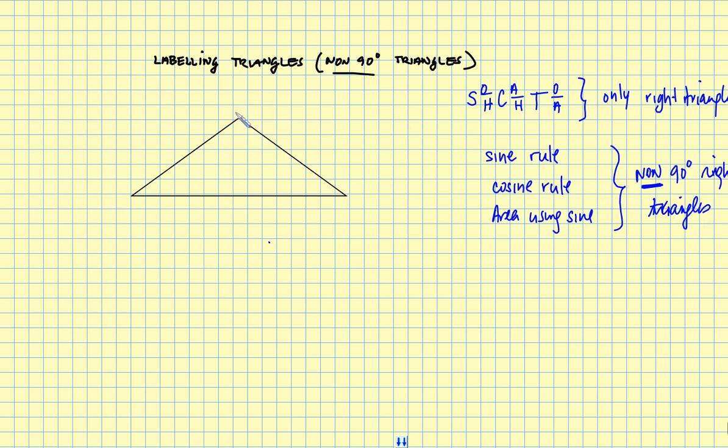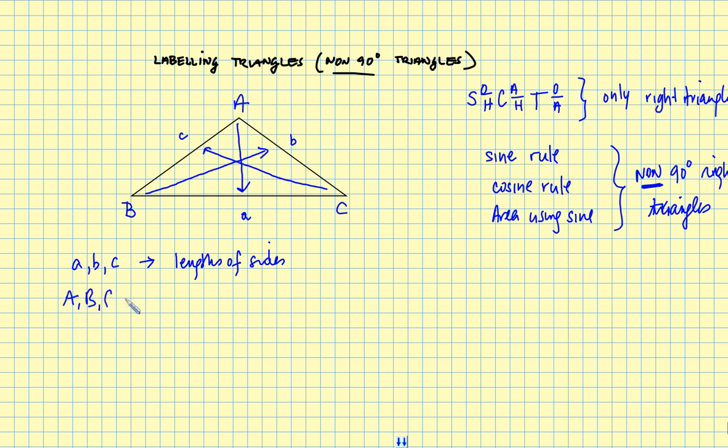If I have a triangle ABC, the opposite side of B will be labeled as small b. The opposite side of angle A will be labeled as small a, and the opposite side of angle C will be labeled as small c, so that the small letters represent the lengths of sides, and the large letters represent the angle measures.